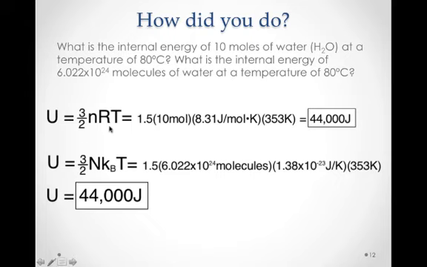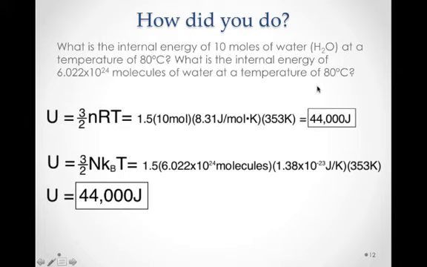So we have our two internal energy equations, one using moles and one using molecules. And this is simply a plug-in type problem. So we have 3 halves, which is 1.5, times the 10 moles, times our gas constant here of 8.31 joules per mole Kelvin.